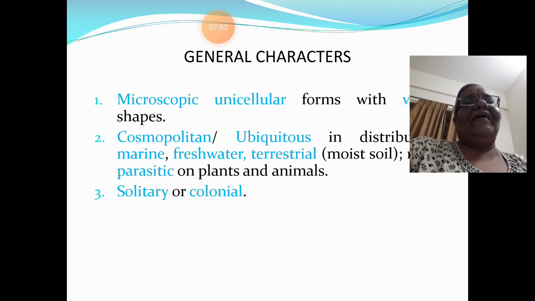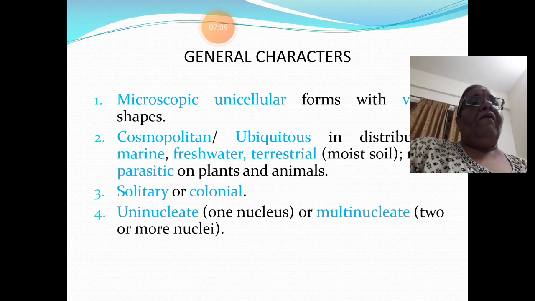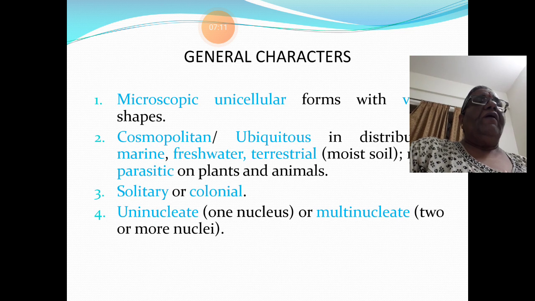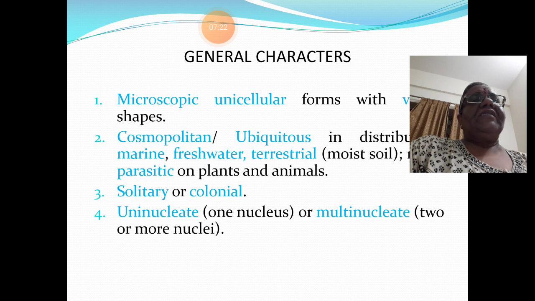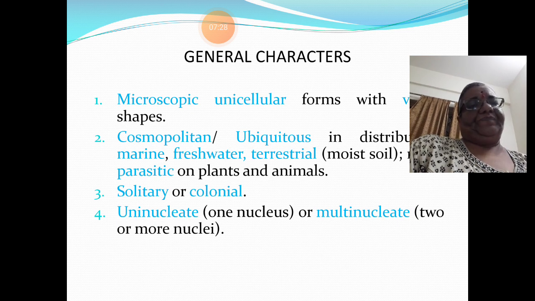Then, fourth character, they are either uninucleate or binucleate or multinucleate. Uni means one, nucleate means nucleus. Some of the protozoans, like Euglena, have a single nucleus. Such forms are called uninucleate protozoans.